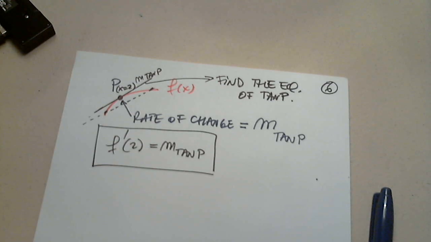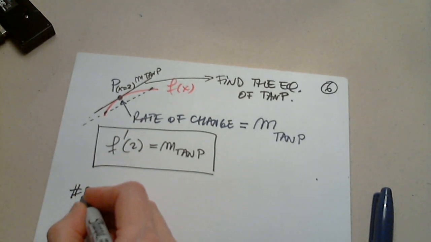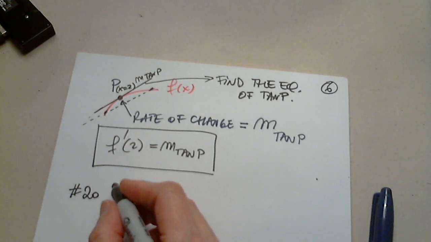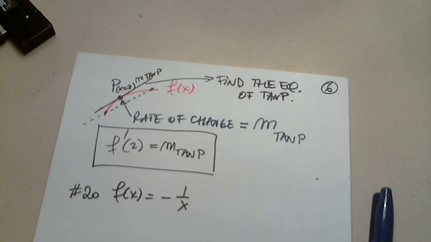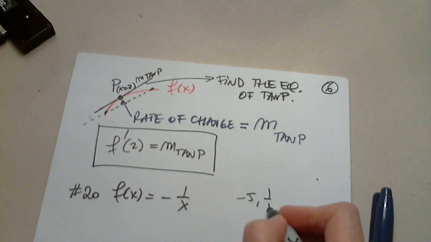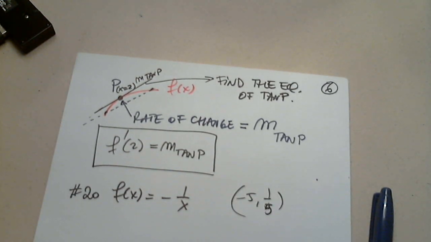Find an equation of the line tangent to the graph. Which one? 20. Find the equation, so f of x equals -1 over x. Which point do you want to choose? Any of these three. Should I do C? Yes. 20c. So (-5, 1/5). Perfect.